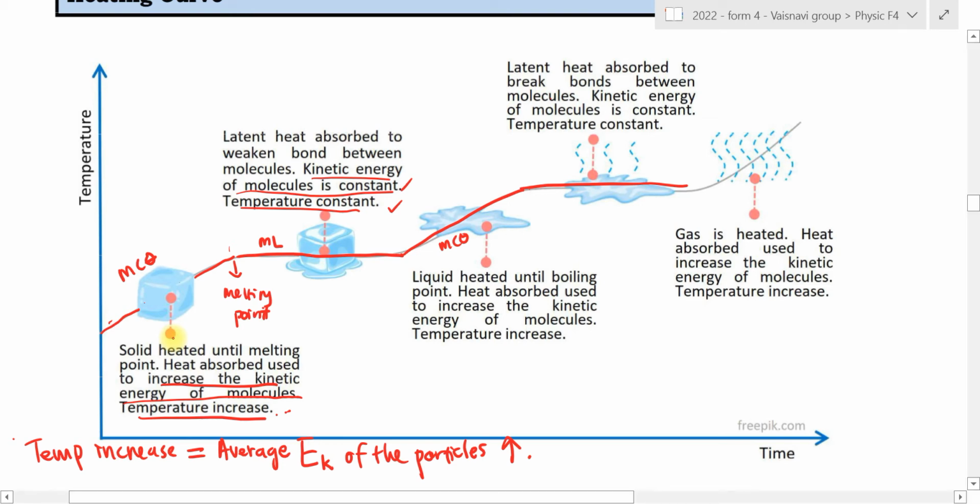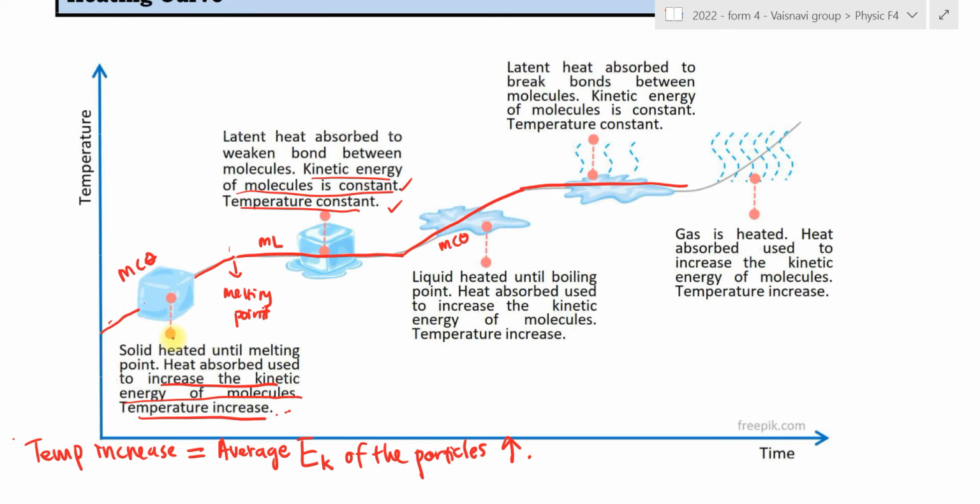Temperature is constant, because the heat energy absorbed is not used to increase the kinetic energy of the particle, but it is used to break the bond. Sepatutnya heat energy tu kena supply kinetic energy, dia tak guna untuk tu. Dia guna untuk tujuan lain, iaitu break the bond. Jadi kinetic energy dia tak berubah. Kalau kinetic energy dia tak berubah, temperature tak akan berubah.